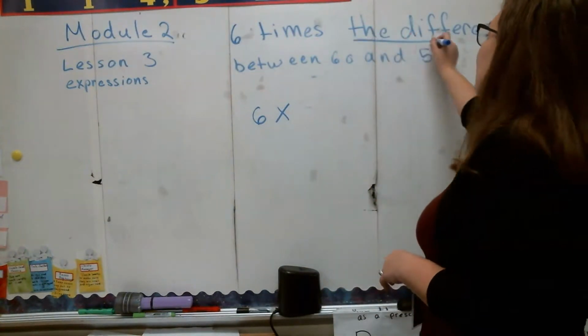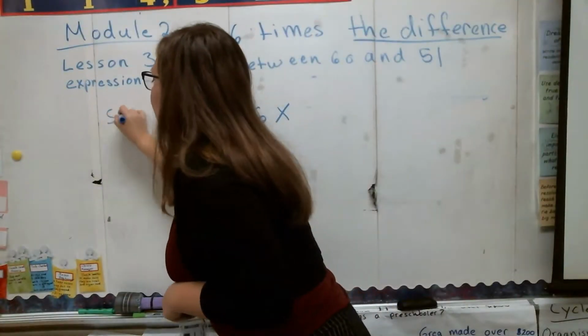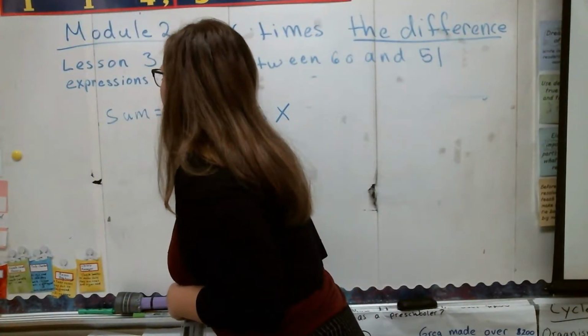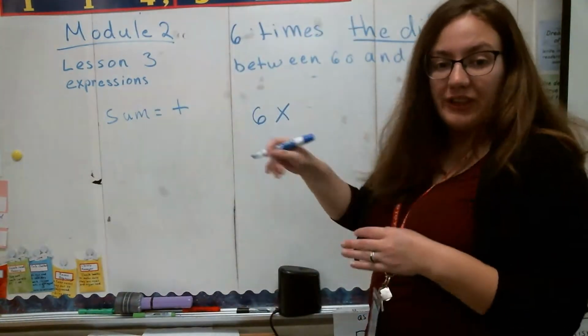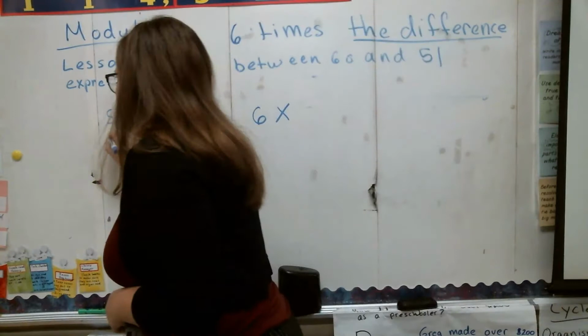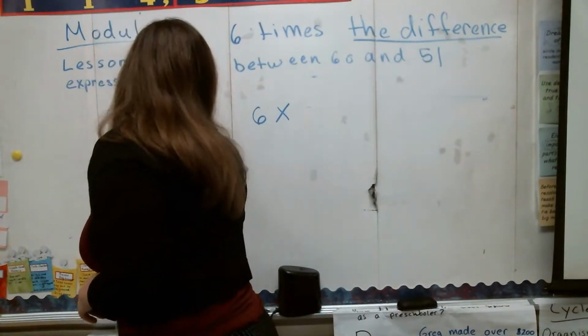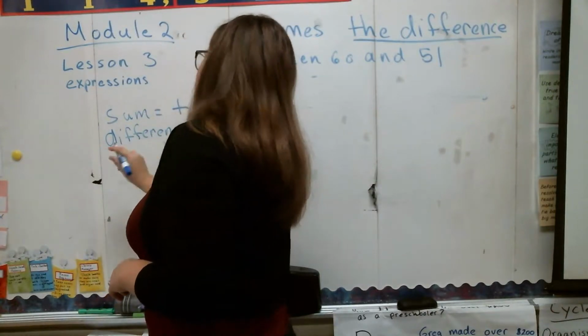Then when it says the difference, remember sum means that I am adding, and if you need to, write these notes off to the side as well. Sum means that I'm adding, so difference means that I am subtracting.